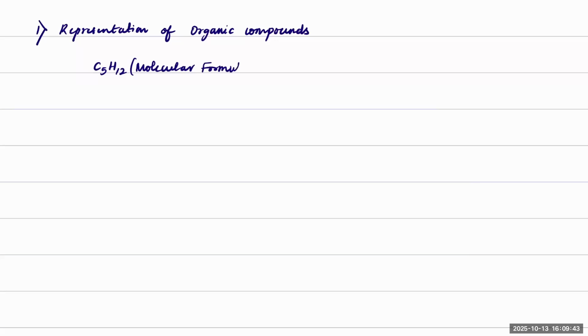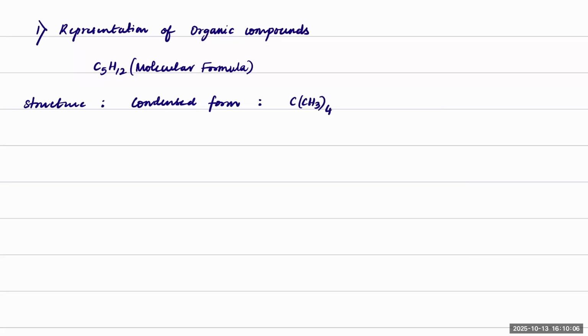This does not give anything about the structure, but the structure of that molecular formula can be written in multiple ways. One is the condensed form. Suppose I put the condensed form like this, C, then CH3 4 times.